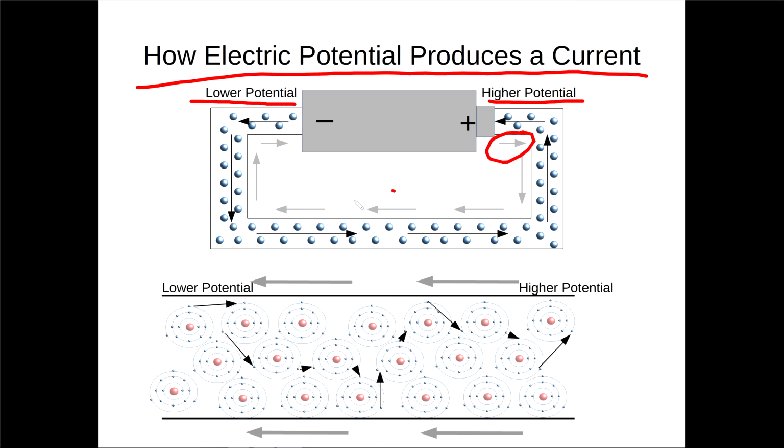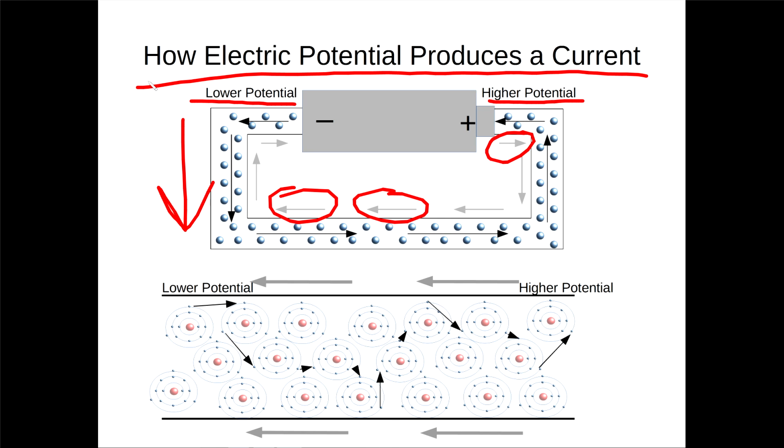This electric field influences those charged particles. It applies an electric force to them, and it causes them to flow in the opposite direction, in this case, because they're electrons, they're negative charge carriers, so they want to flow from lower potential to high potential, against the electric field. And that is what actually causes the current.